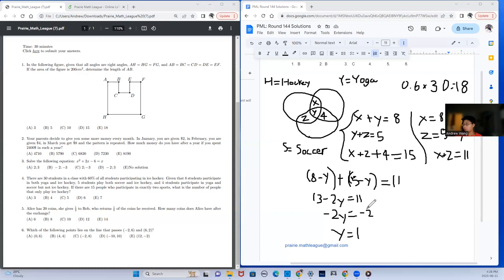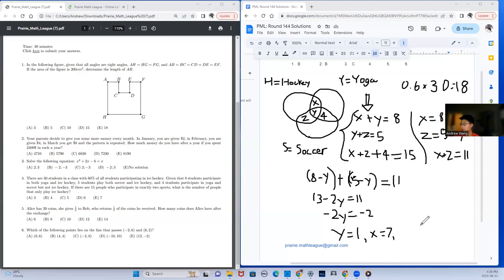Now we can plug Y equals 1 into any of these three equations that we have set up from before. We'll just do X plus Y equals 8, or X equals 8 minus Y. So X would equal 8 minus 1, so X equals 7.